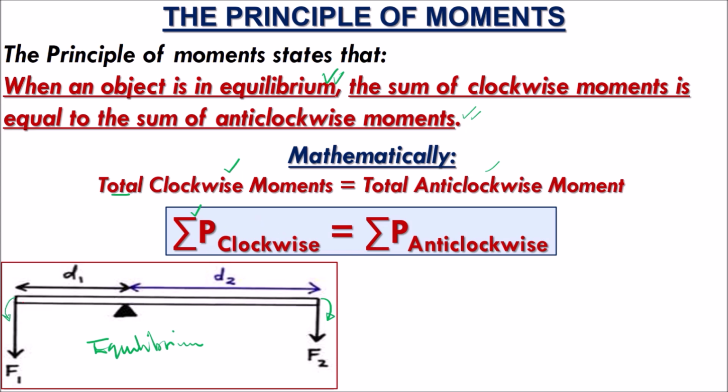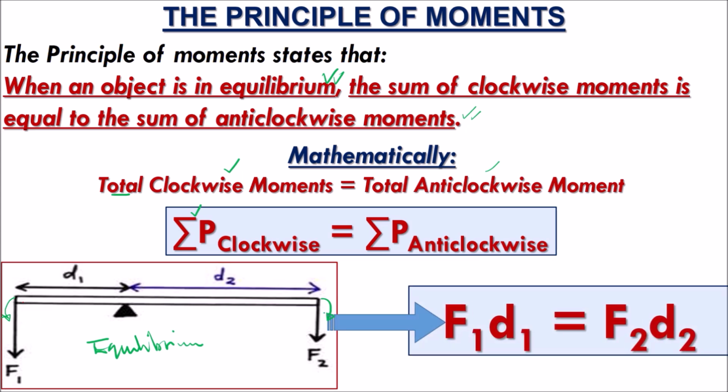Anticlockwise, we have one force providing one moment. Hence, in this particular case, we can say force 1 times distance 1 constituting the moment on one side is equal to force 2 times distance 2 constituting the moment on the other side.